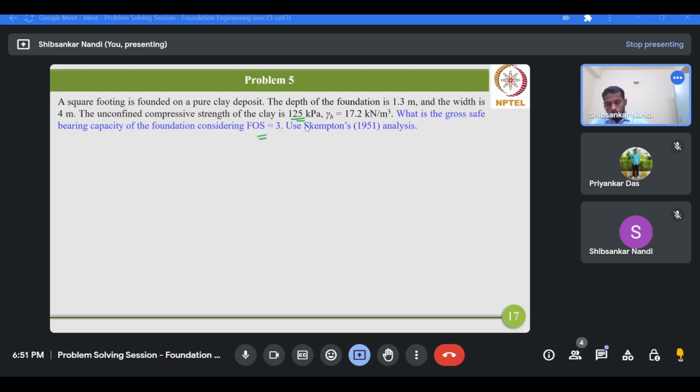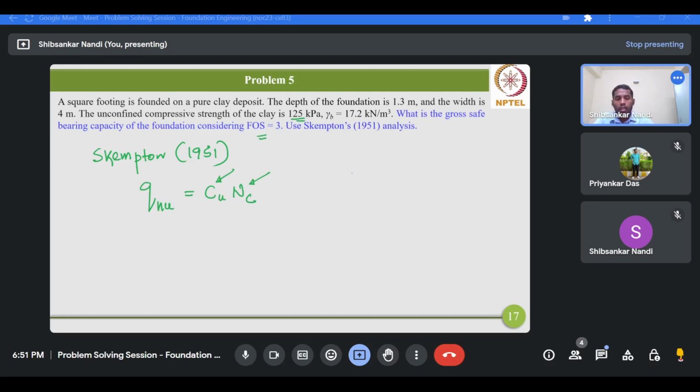Now, as per Kempton, you can calculate the net ultimate bearing capacity in this fashion: Cu times Nc. Cu is the undrained cohesion, and Nc is the bearing capacity factor from the cohesion contribution.